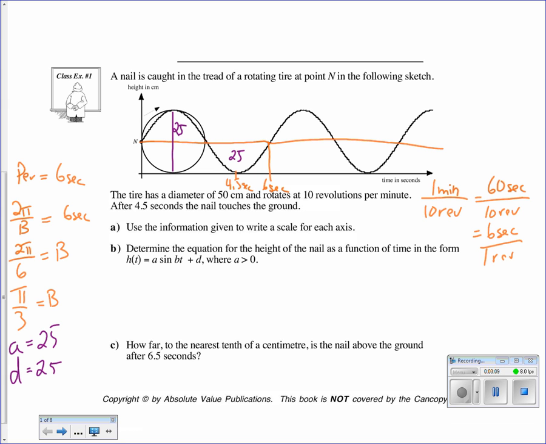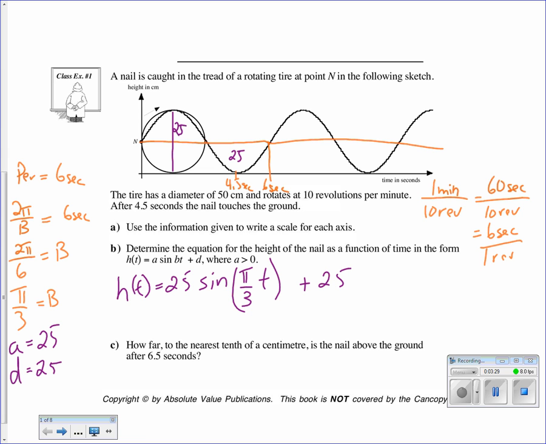So my equation becomes the height of the nail at any time t is equal to 25 sine of my b value, which was pi over 3 times t. Make sure I include that in brackets, plus my vertical displacement, which is 25.